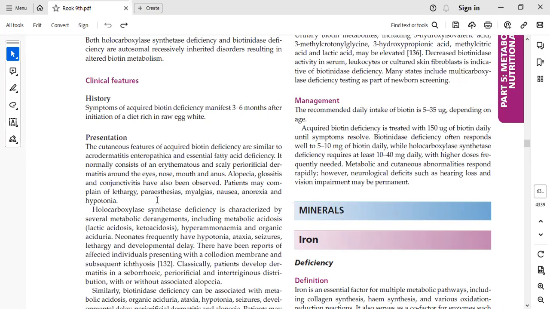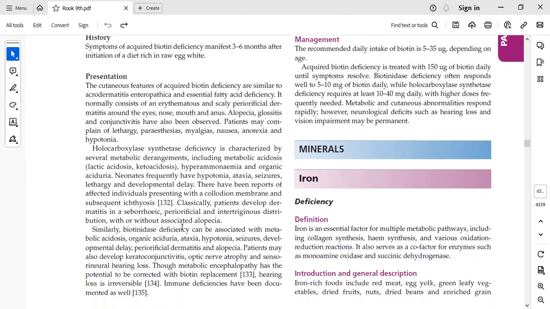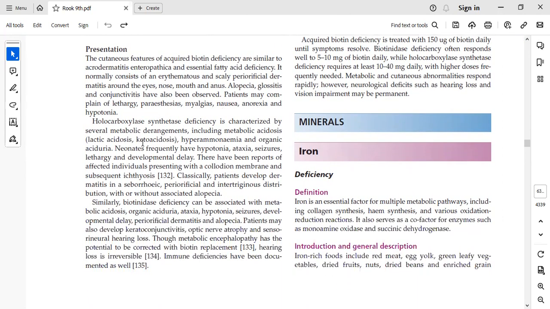And if you particularly speak about the deficiency of the enzymes at the neonatal level, be it holocarboxylase synthetase or biotinidase, the features are almost similar, because in both of these, because of deficiency of these enzymes, there is a buildup of upstream acidic products, resulting in metabolic acidosis.